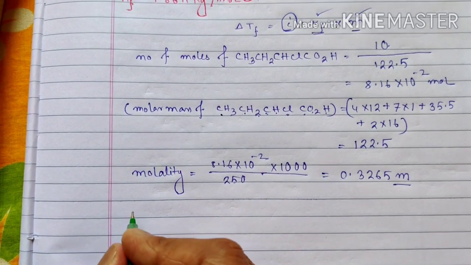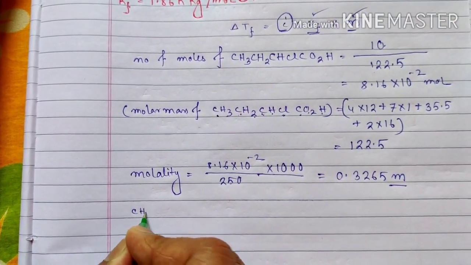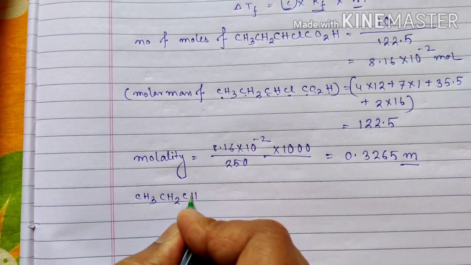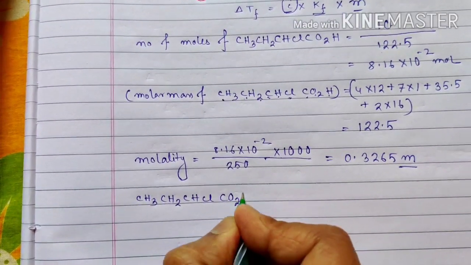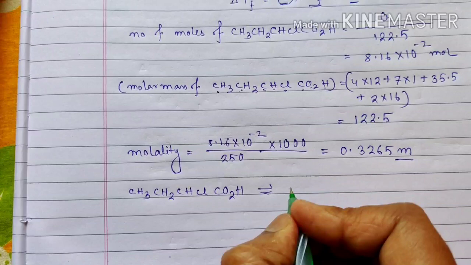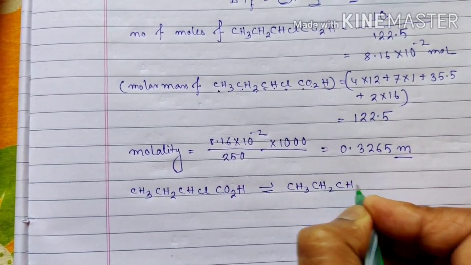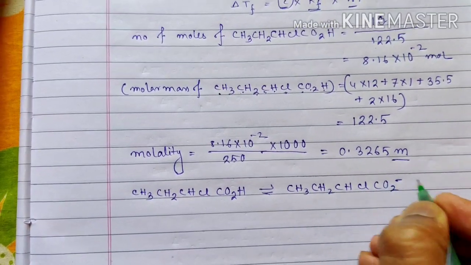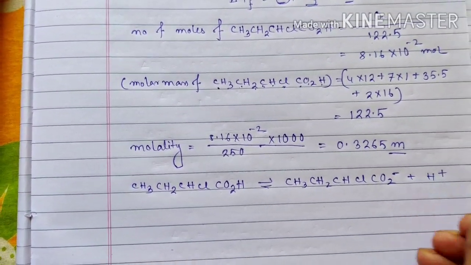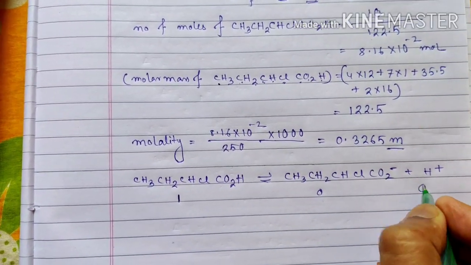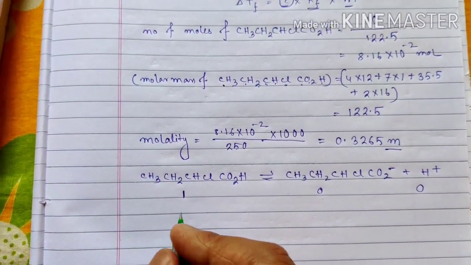To calculate the value of i, if we write, CH3CH2CHClCO2H dissociates into CH3CH2CHClCO2 minus plus H plus, similar to that of acetic acid. Initially it is 1, 0 and 0. No dissociation has taken place.